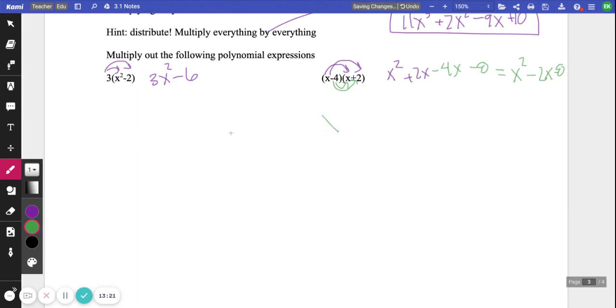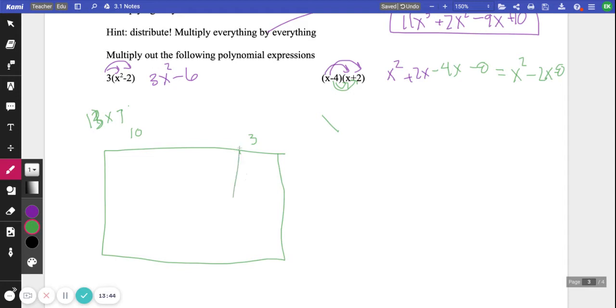So let me show you what I mean by that. So if I was doing 11 times 7. Well, I guess that one's not too hard. What if I do 13 times 7? I don't know that off the top of my head. But I know that 13 is 10 plus 3. Sorry, that's not super accurate. 7's got to be shorter than 10.